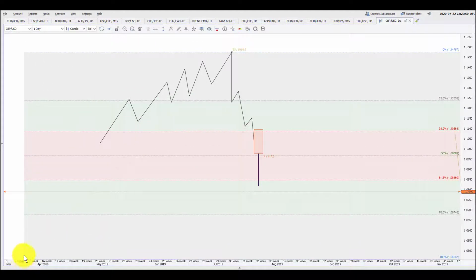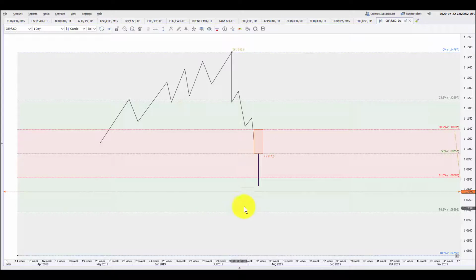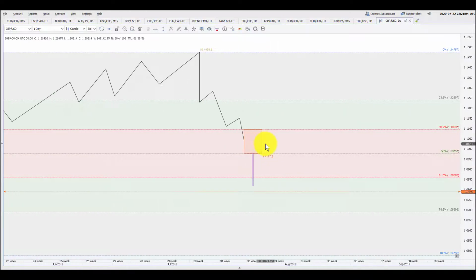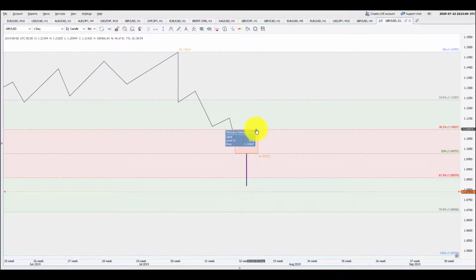Now most probably you will see something like this, that the pair has retraced back and then shown a bullish pin bar, and then from here you again keep the same idea, that you keep a buy stop above the high of this pin bar and go in the direction of the trend.